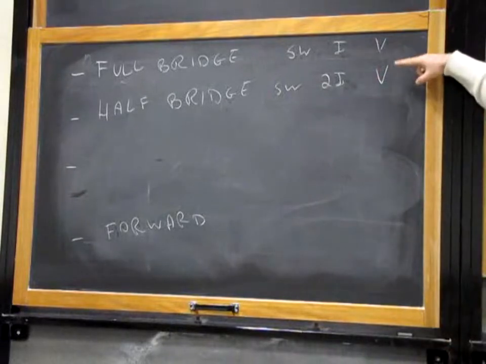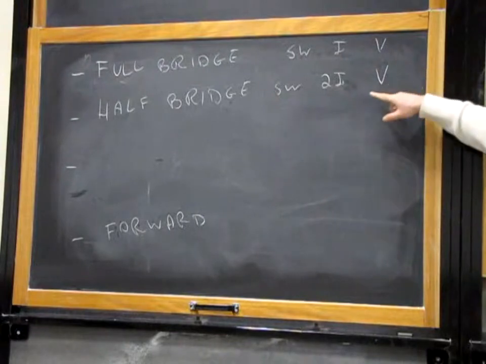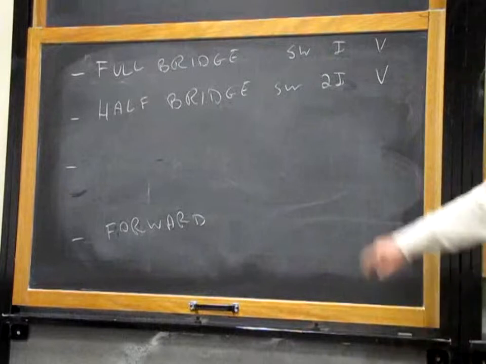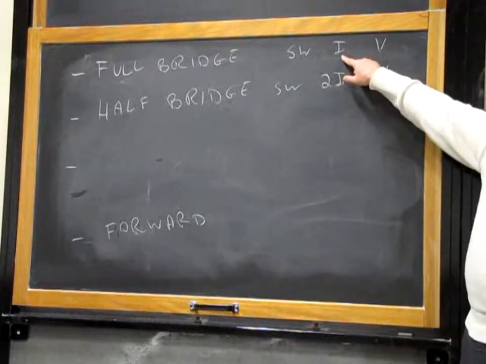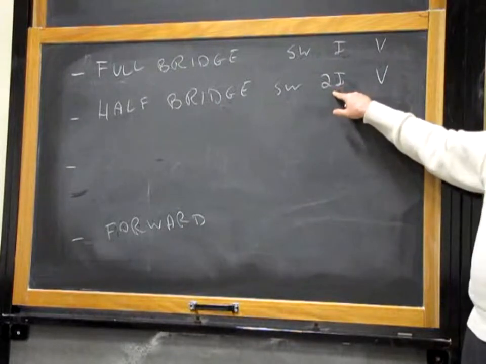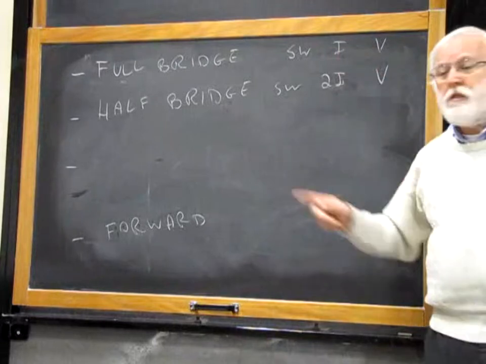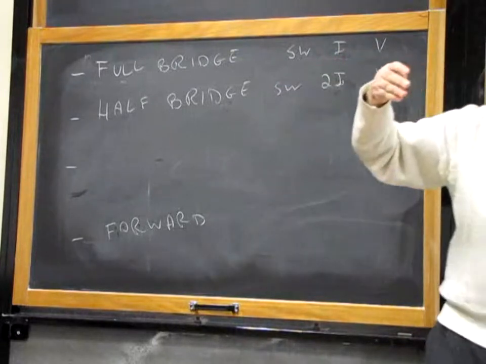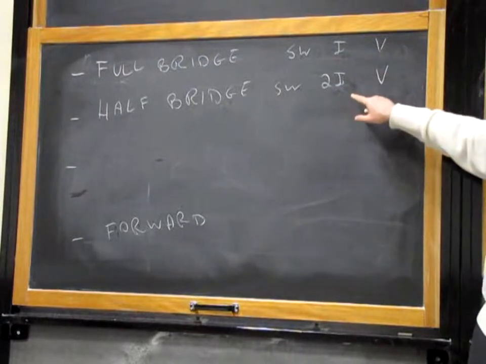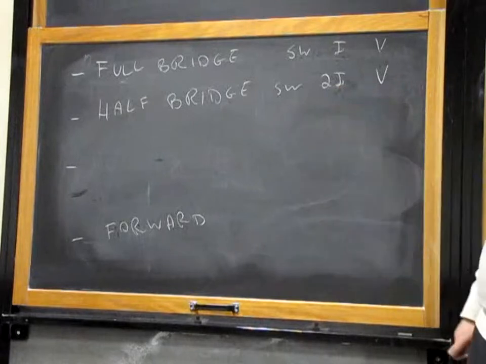So we see that both these topologies are okay for high voltage input, but the full bridge can handle higher power because its current stresses are lower. One half of the current stress in a half bridge, or the half bridge has twice as much. Why? Because here you have two legs of transistors. Here you have only one leg, two transistors in series. So basically the voltage stays the same, but the current becomes twice as much.